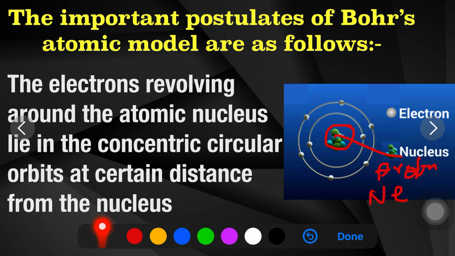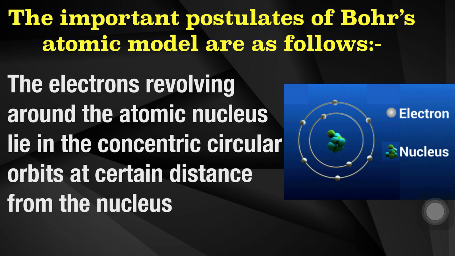These electrons revolve around the nucleus at a certain distance. As you can see, there is a distance between the nucleus and the electron. So this was the first postulate of Bohr's atomic model.